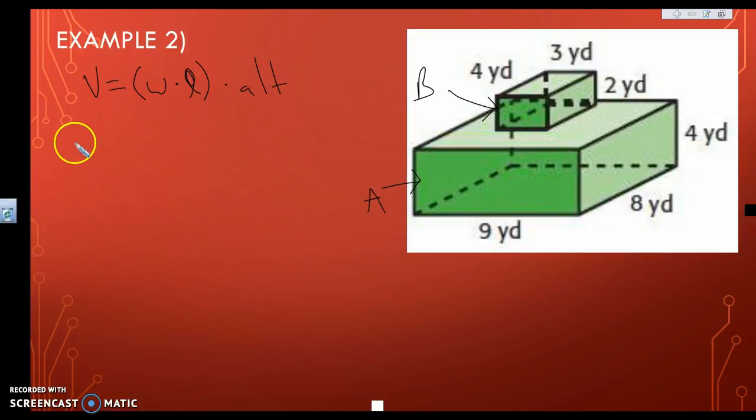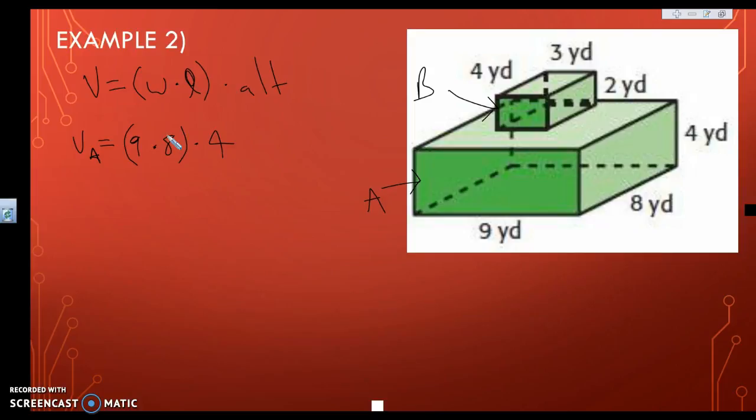So let's find the volume of rectangular prism A, which we'll denote by V sub A. That's given by our width, which in this case is 9 yards, times our length, which is 8, times our altitude, which is 4 yards. So this is going to be 72. 9 times 8 is 72.